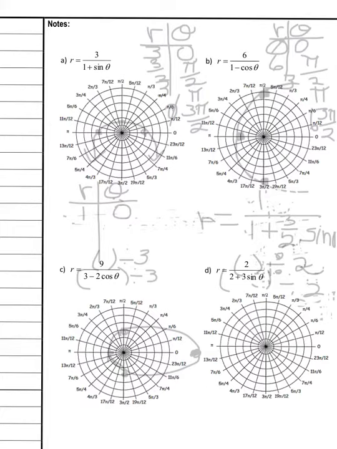Okay, then I do pi over 2. Sine of pi over 2 is 1. So I end up with 1 plus 3/2 in the denominator. So that's going to be 5/2. 1 divided by 5/2 is 2/5.